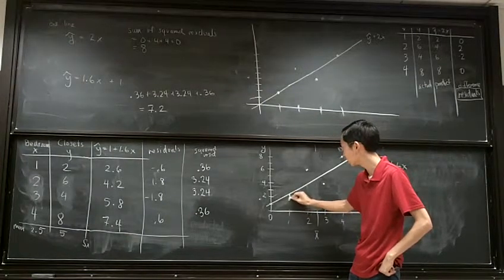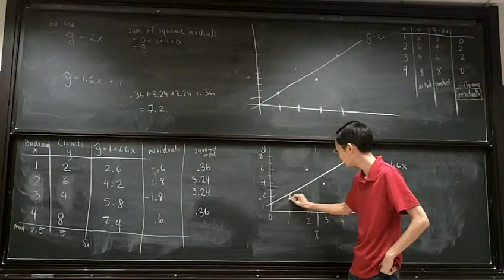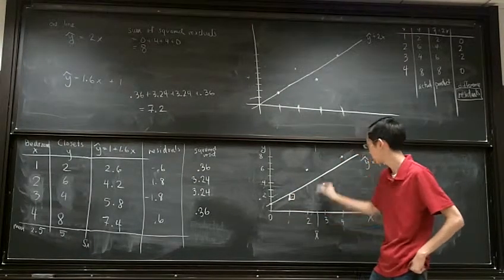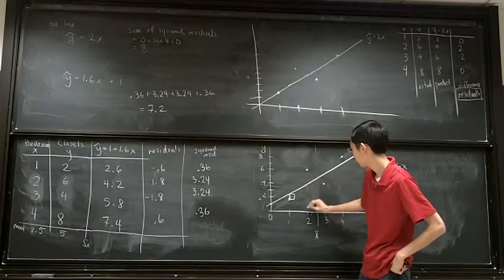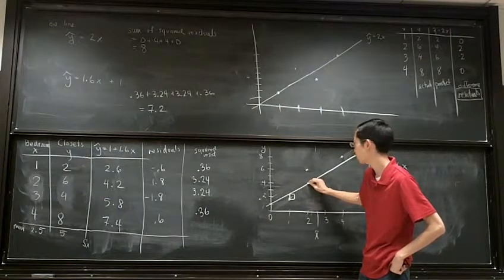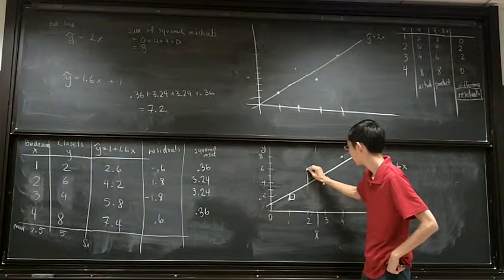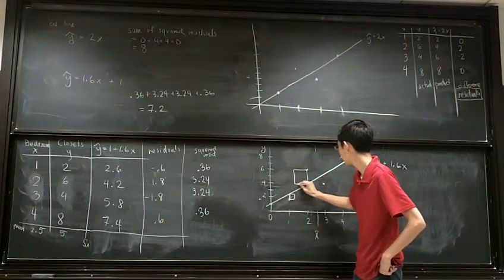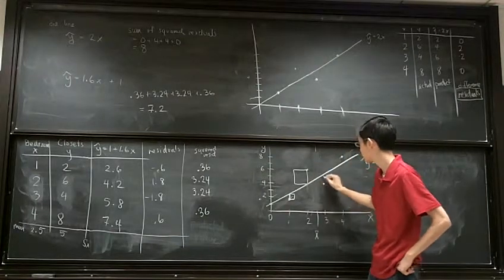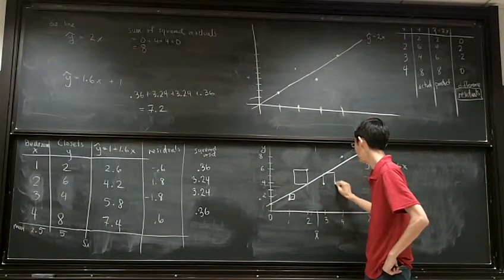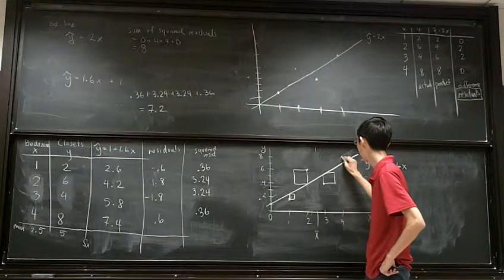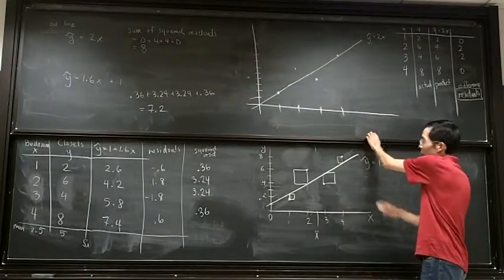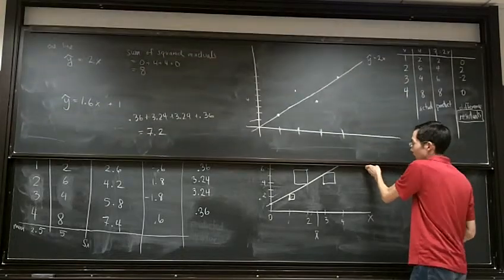So this is the distance, that's my residual, and if I square it, I have that much. For x equals 2, I'm predicting the value to be 4.2, but my value is actually 6, so that is my difference there, and if I square that residual, I get that. Over here, I'm getting a squared residual of this size, and over here, a squared residual of that size. Illustration's a little odd.